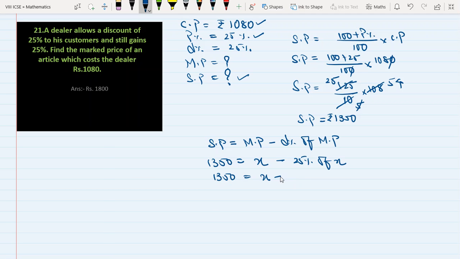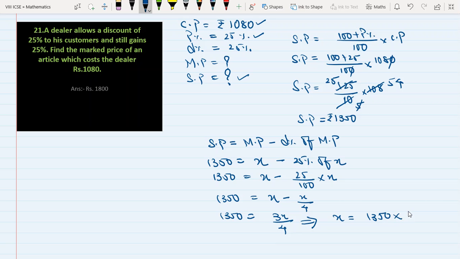1350 is equal to X minus 25 upon 100 multiplied by X. So 1350 is equal to X minus X by 4. So 1350 is equal to 4x minus x, that is 3x by 4, which implies that x is equal to 1350 multiplied by 4 divided by 3.